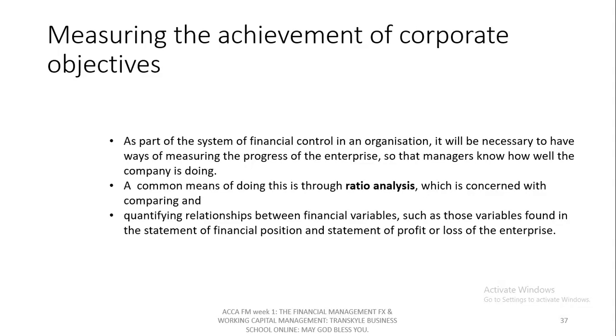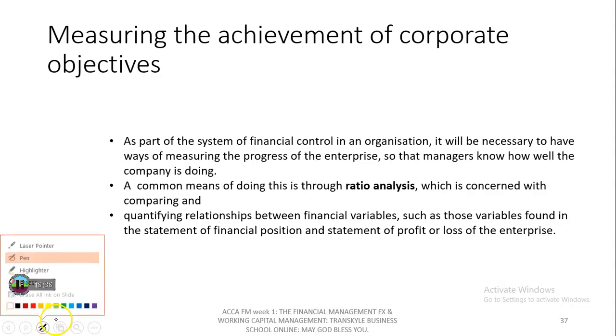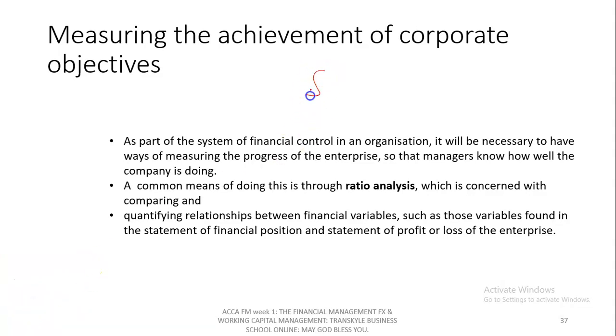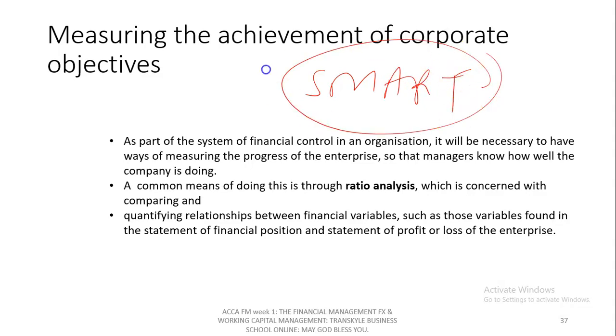Remember, we talked of the objectives being SMART, that the corporate objectives should be SMART, and that's where the aspect of measurability is coming from. A common means of doing this is through ratio analysis, which is concerned with comparing and quantifying relationships between financial variables, such as those variables found in the statement of financial position and statement of profit or loss of the enterprise.